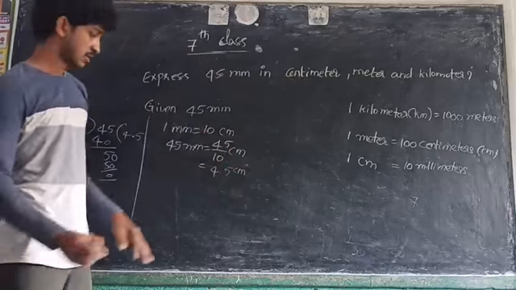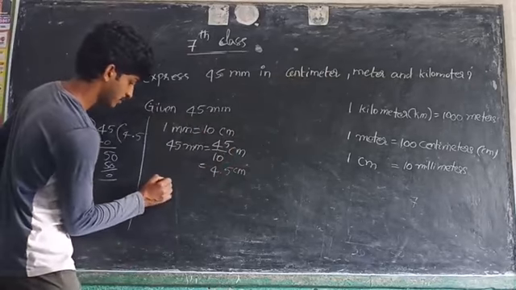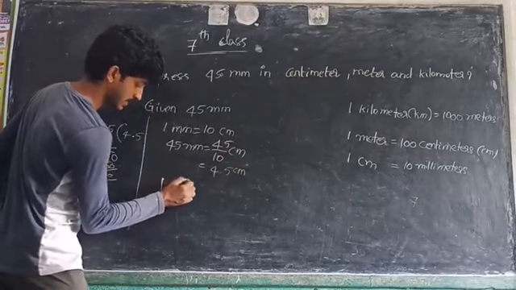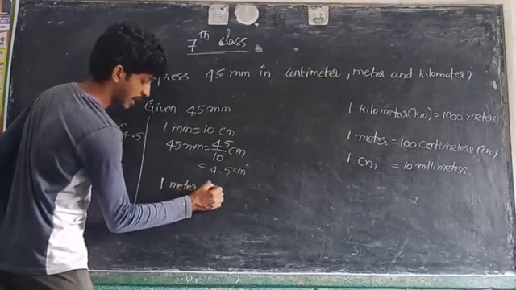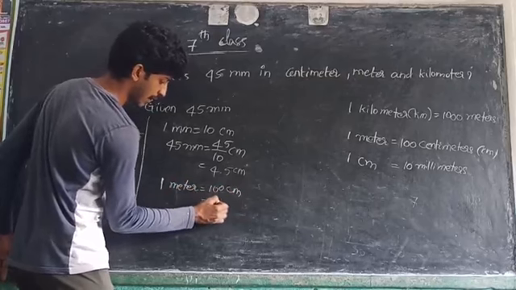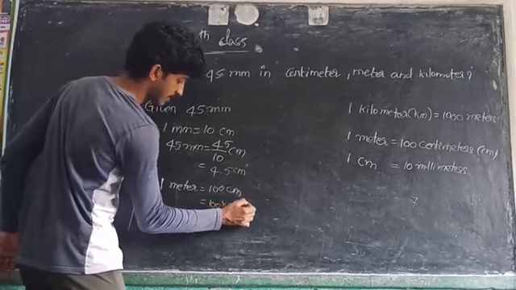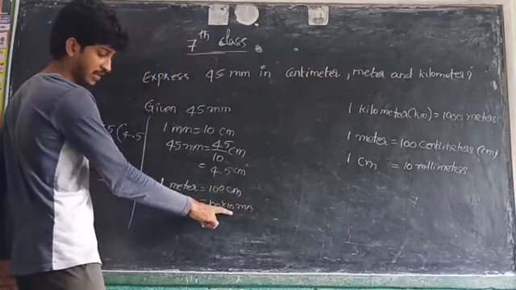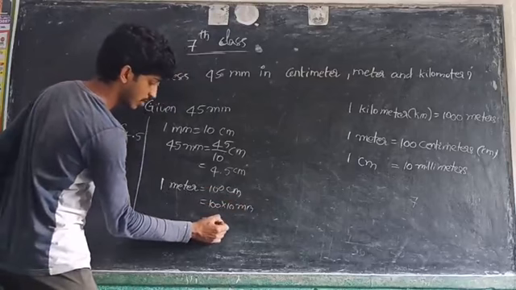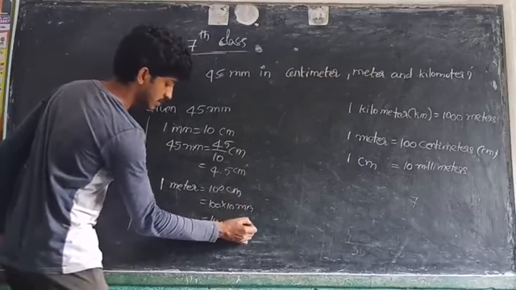Now we have to convert 45 millimeters to meters. See here, 1 meter is equal to 100 centimeters, that is equal to 100 into 10 millimeters, because 1 centimeter has 10 millimeters. This is equal to 1000 millimeters.